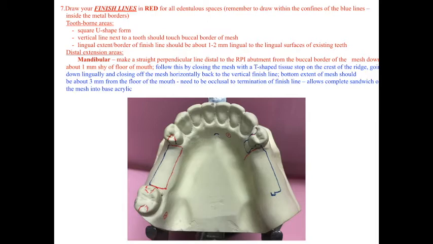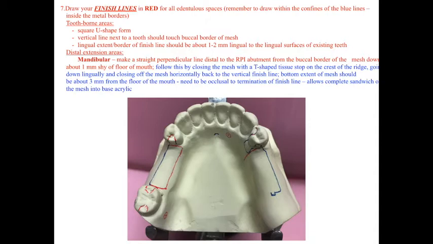So you connect the lingual surface of the tooth, and then you have 2 mm here. That's how you draw this U-shaped form. So if you follow the design sequence, they actually tell you how to draw it.